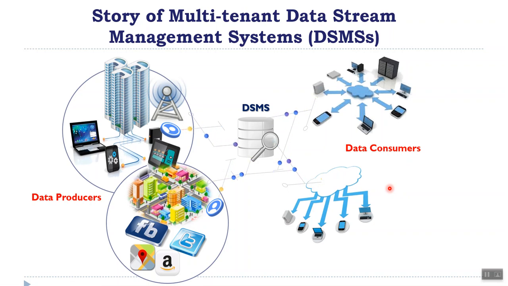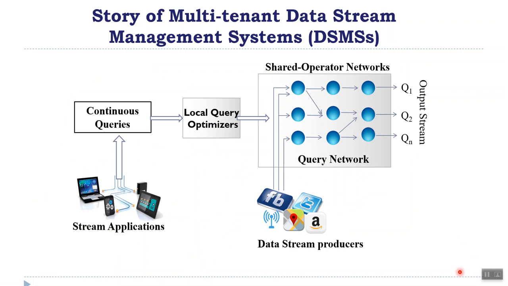So how exactly does the data stream management system handle these high velocity incoming data streams and queries of users? Let's take a look at this. Over here in this diagram, we can see that the users, streaming applications, can register continuous queries in the system. And the data stream management system runs local query optimizers.